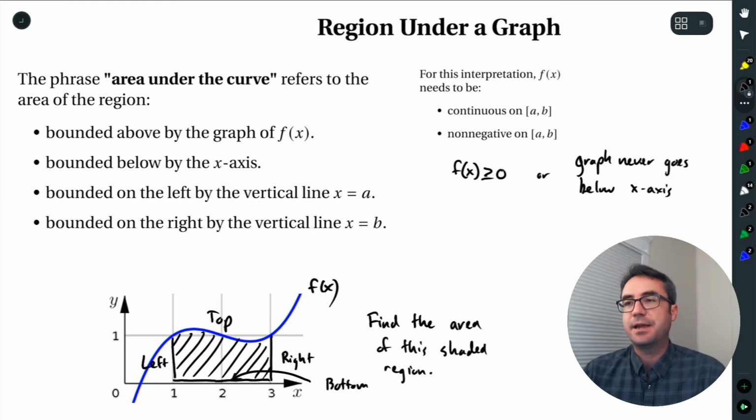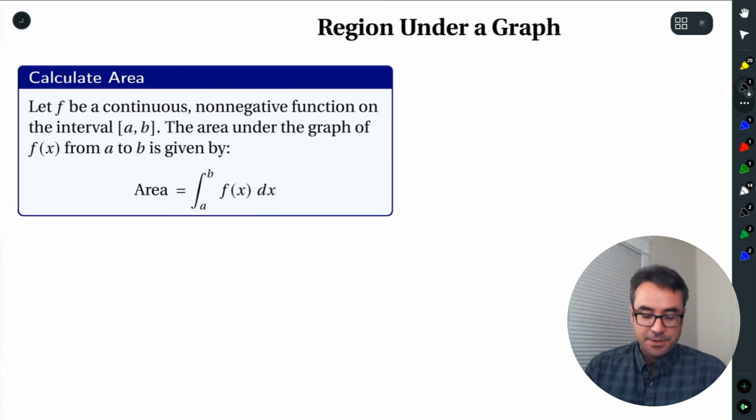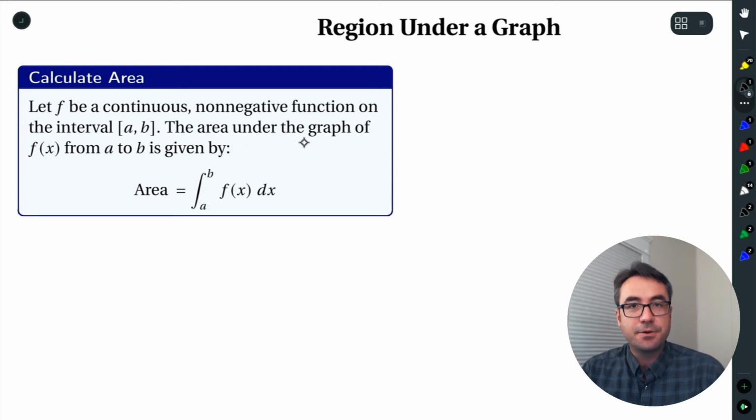And it turns out, pretty surprisingly, that it's the definite integral. So let f be a continuous non-negative function on the closed interval from a to b. The area under the graph of f from a to b is equal to the definite integral of f of x from a to b.